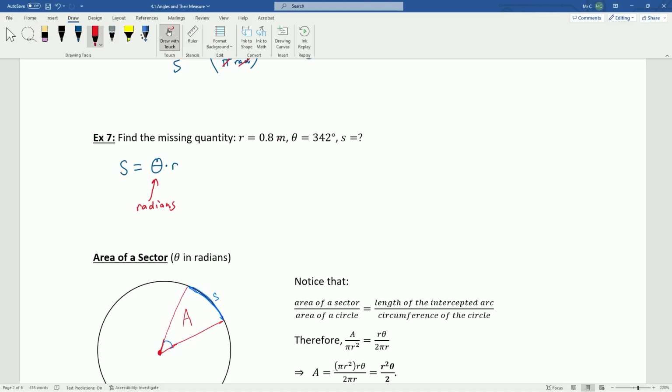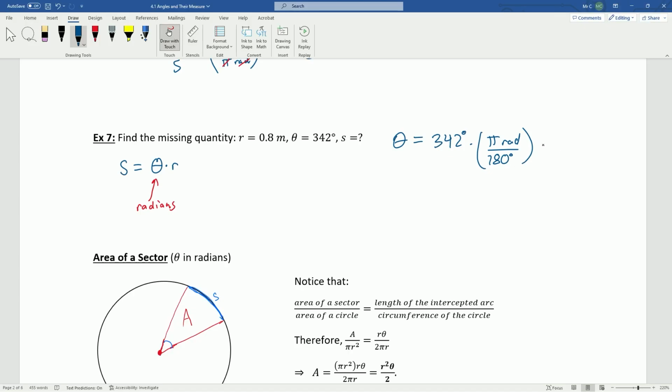So, since that's the case, what do we have to do? The first thing we have to do is convert our angle theta into radians. I'm trying to make up words. Thadians, that's a new one. So I'll multiply by pi radians over 180 degrees.